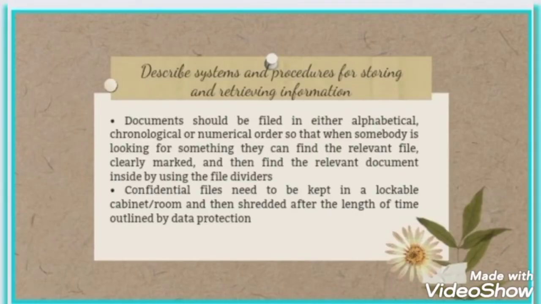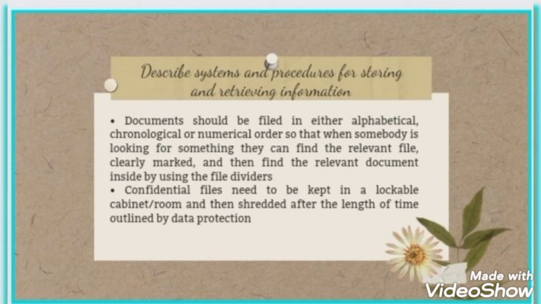So, move on. Describe the system and procedure for storing and retrieving information. First, documents should be filed in alphabetical, chronological, or numerical order so that when somebody is looking for something, they can find the relevant file. Clearly mark and define the relevant documents inside by using file dividers.